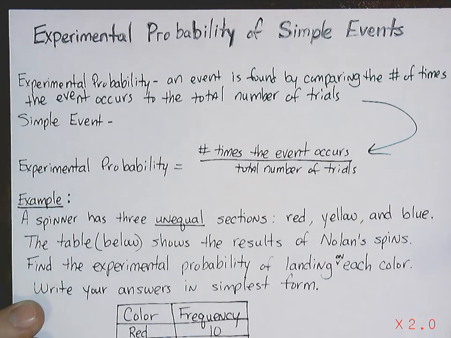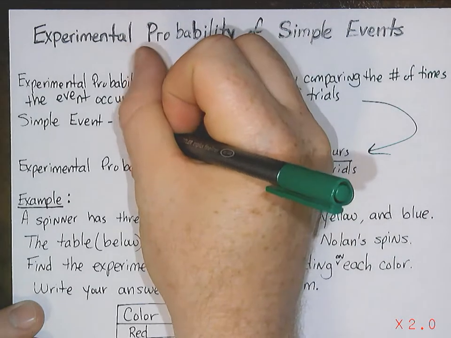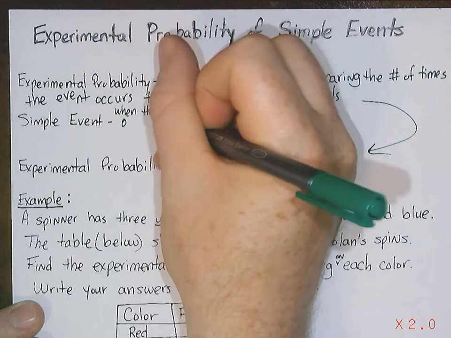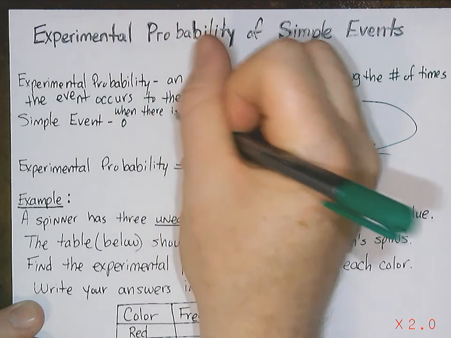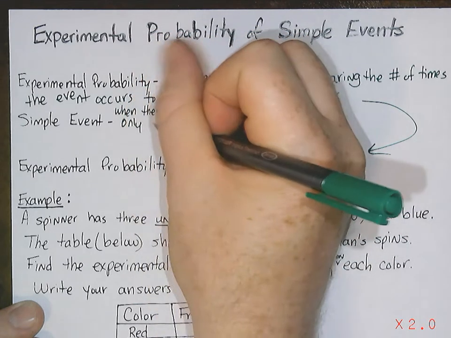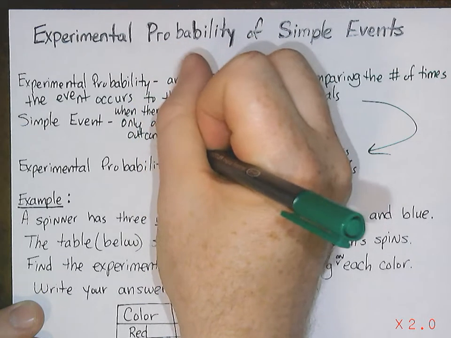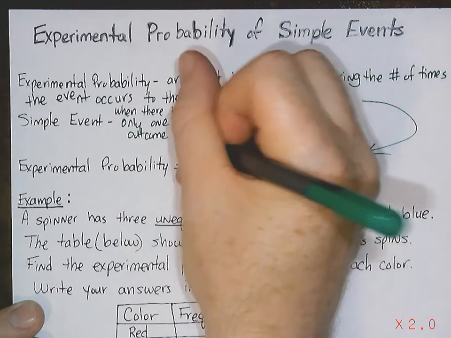A simple event is just something that occurs once. It's an outcome. So basically, when there is only one outcome for an event.